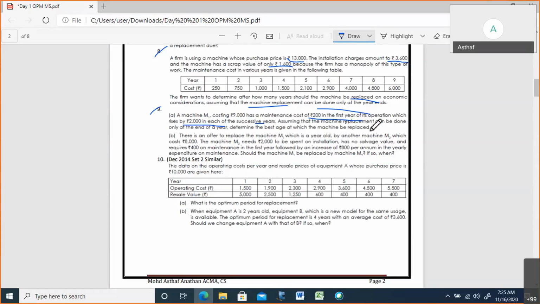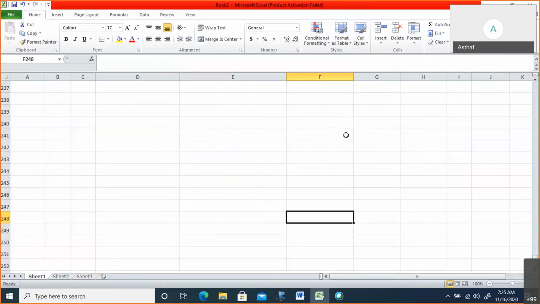Assuming the machine replacement can be done at a year end, determine the best age of the machine to be replaced. Listen everyone, a standard question. Here they don't tell us the number of years, so we will assume and work out for some years, say 6 years, and then we can discuss.